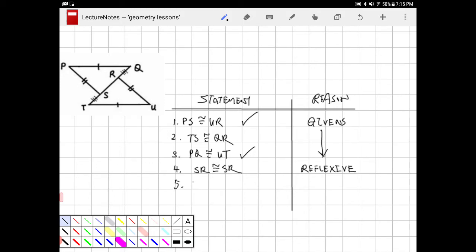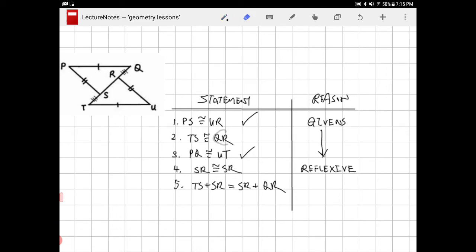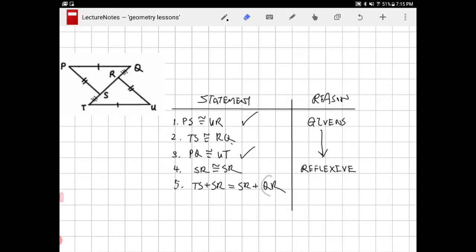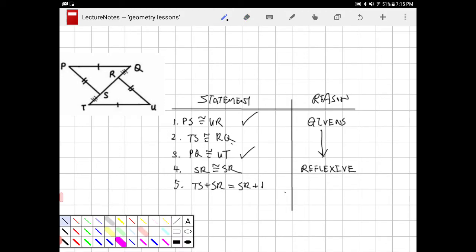I can immediately recognize that TS plus SR must be equal to SR plus QR. Actually, I want to change this for communication purposes. I want to call this RQ. It's all the same, right? And why is that? It's because I'm adding, it's the addition between lines 2 and 4.